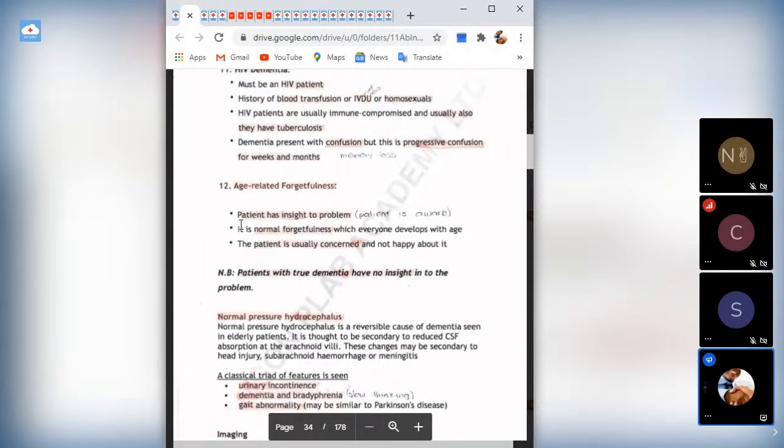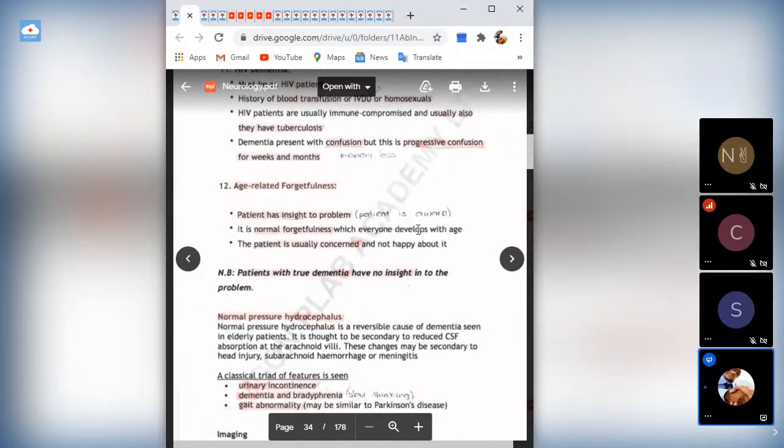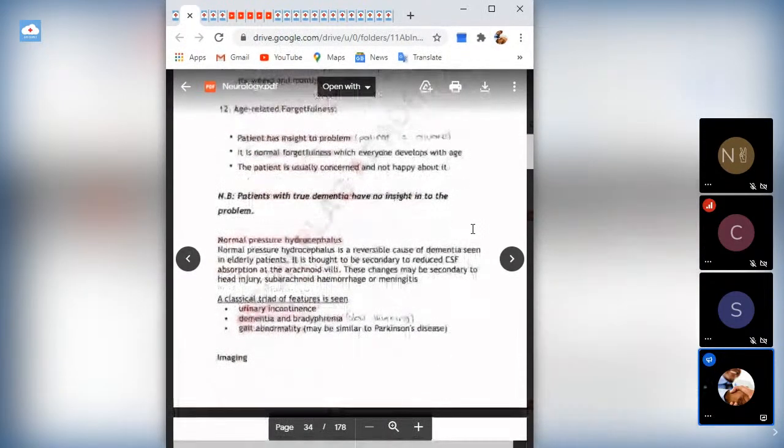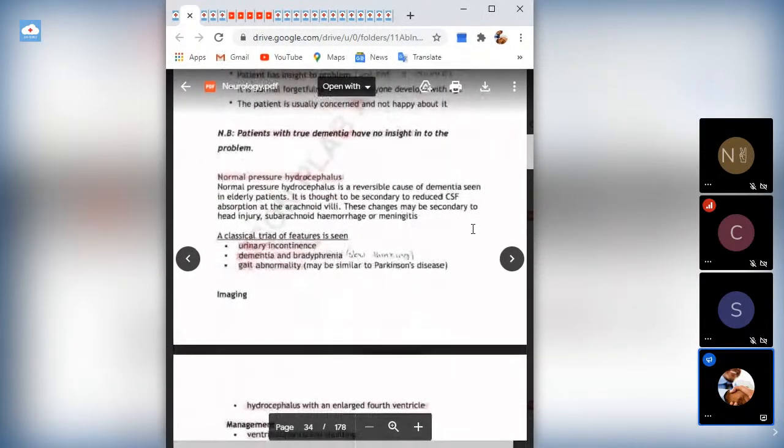So it is normal forgetfulness, which everybody develops with age. The patient is usually concerned and not happy about it. Okay. So patients with true dementia have no insight into the problem.